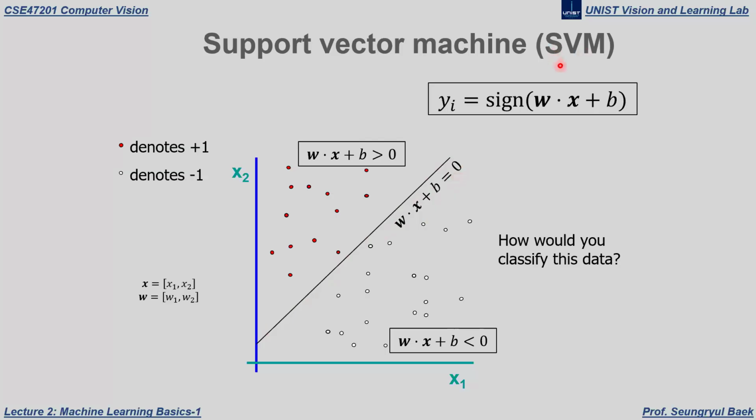This is the function f we will learn. For a given ith sample x, we multiply our parameter w and add b, take the sign, and use it as the class information. This is our function f.